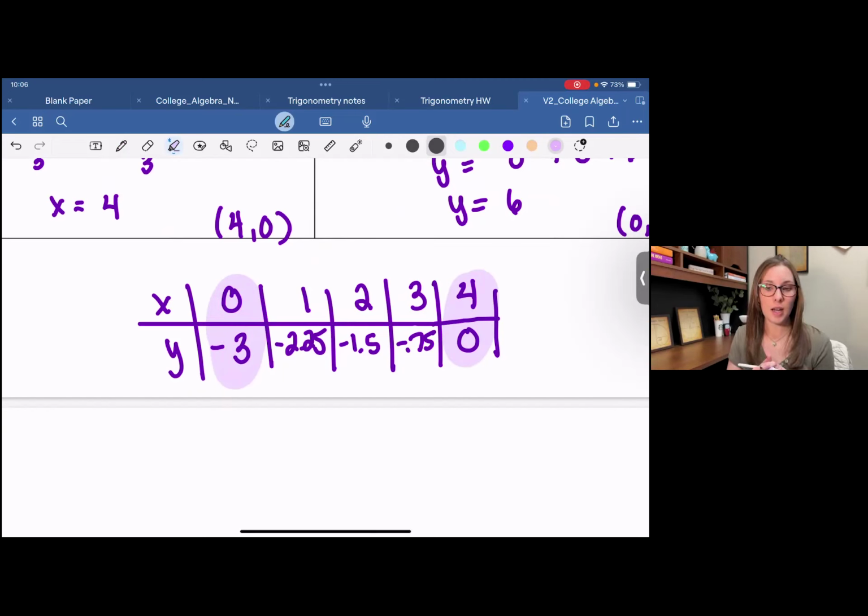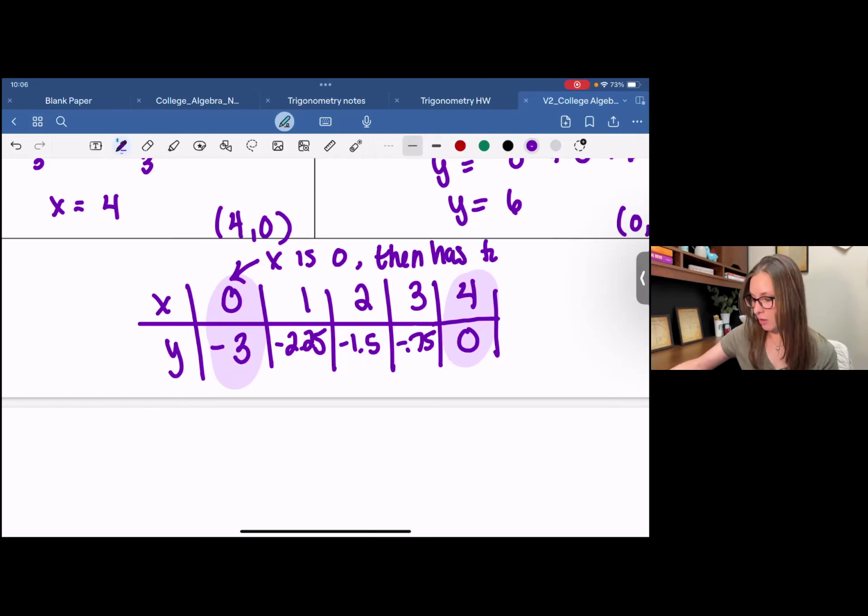And then I need to decide what each one is. So for the first point, 0, -3, if the x value is 0, then that has to be a y-intercept.